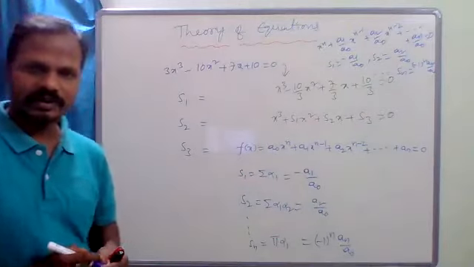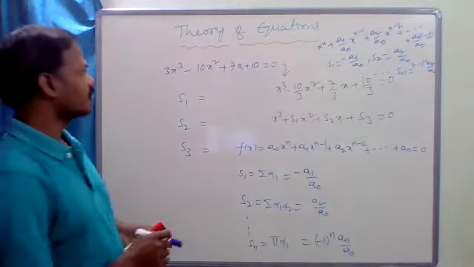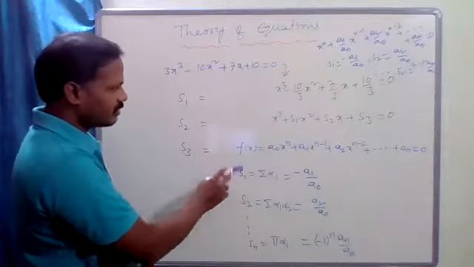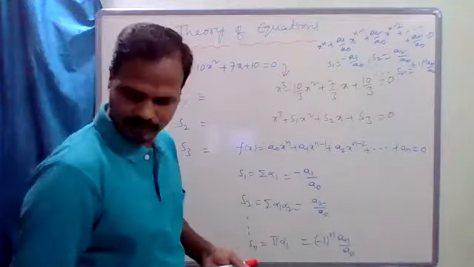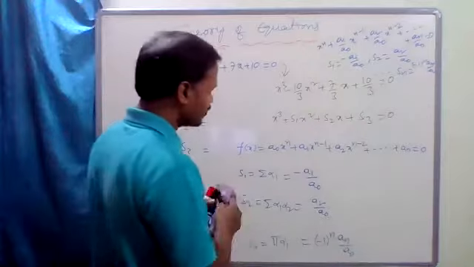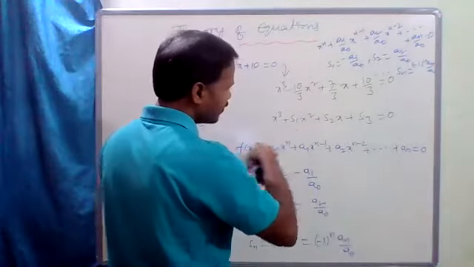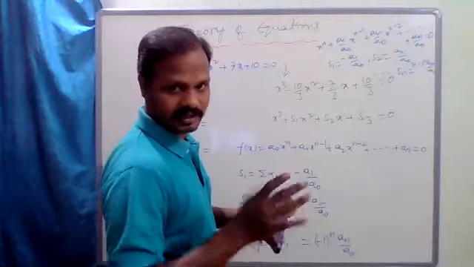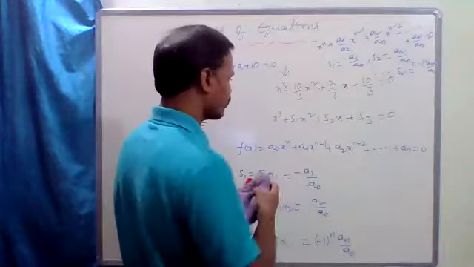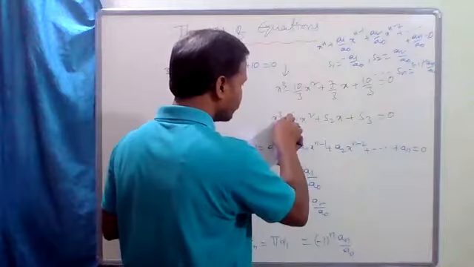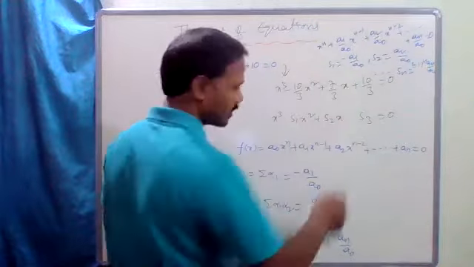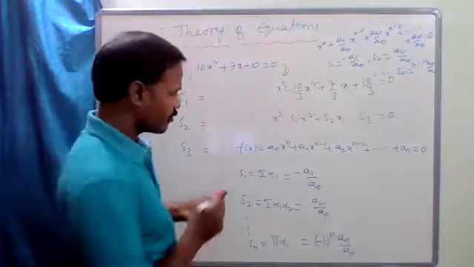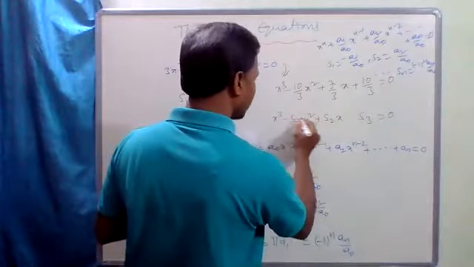Now see, here actually, if you compare this, S1, S2, S3 will come alternately, minus to plus, so on. So here you have to write minus, here also minus.